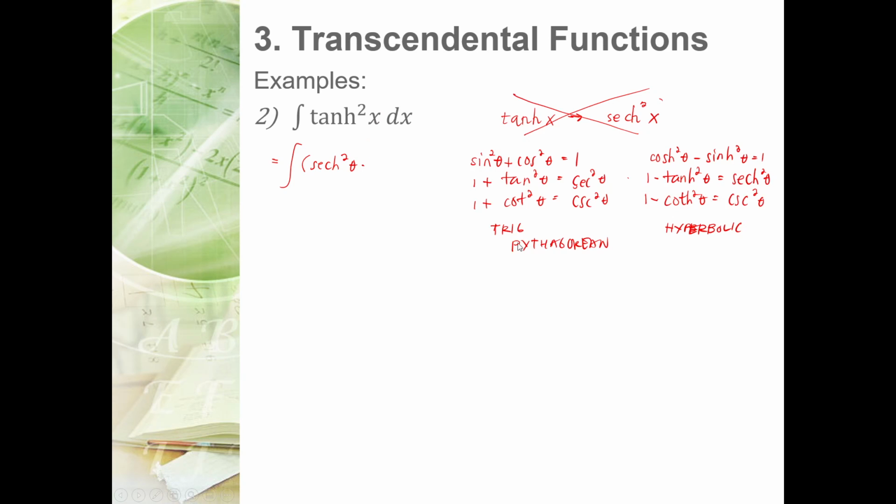We need to properly handle the signs. By isolating tangent, we have 1 minus secant squared theta is equal to tangent squared theta. So 1 minus secant squared x dx. Okay?